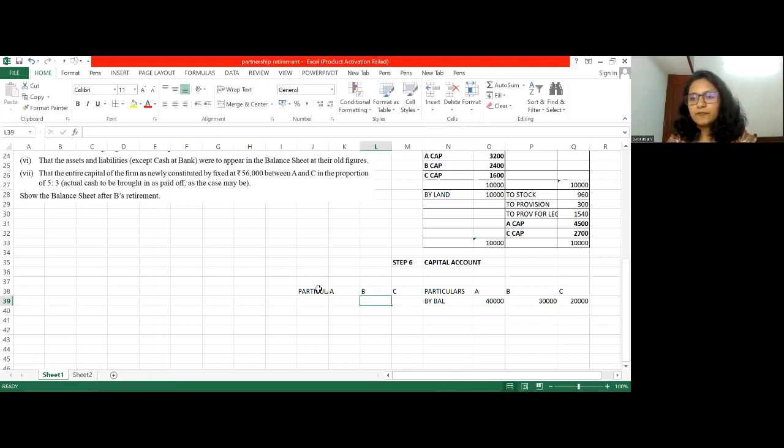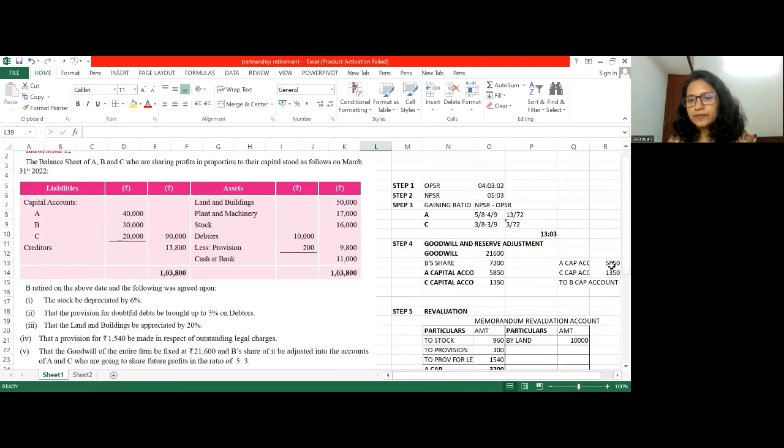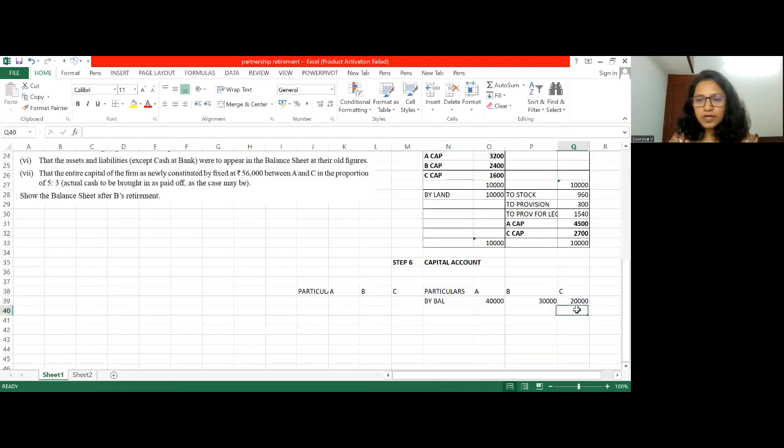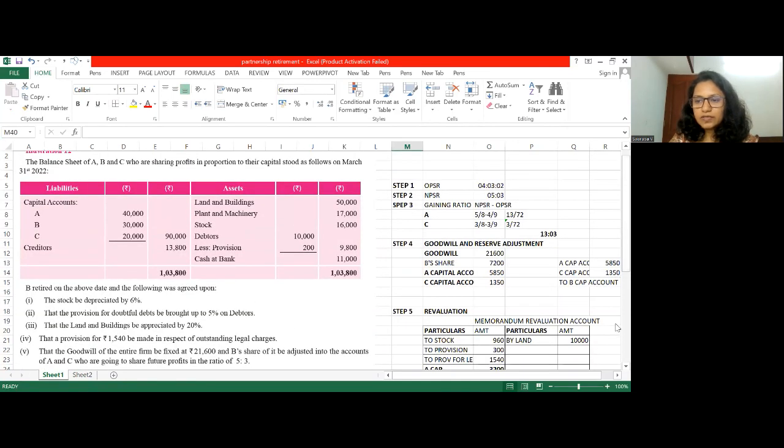Then we have to adjust for goodwill, which is 7,200 in B's account. And in A, it is 5,850 and 1,350.